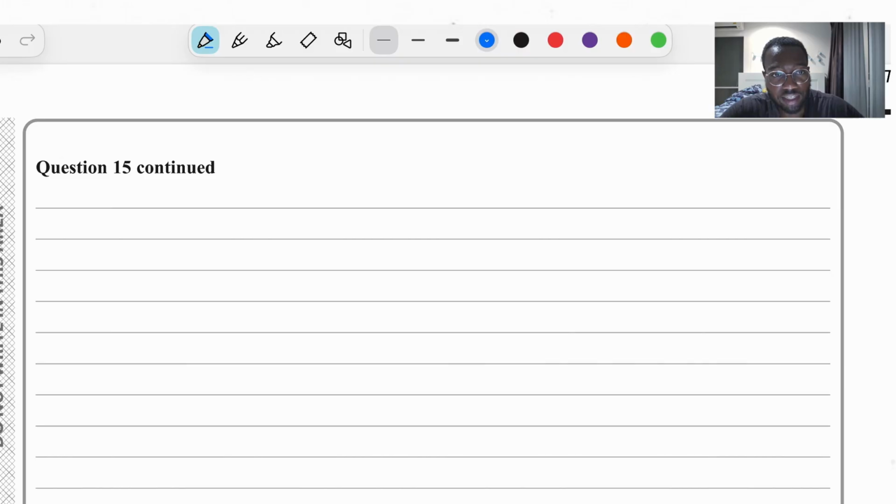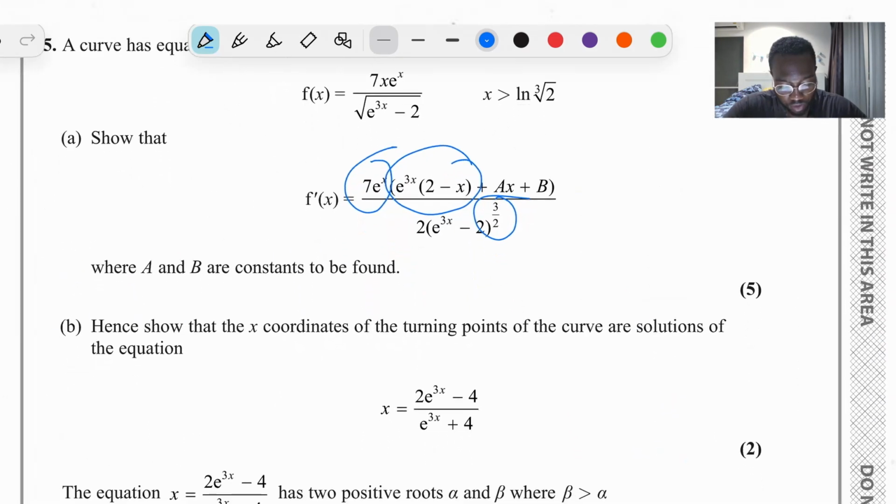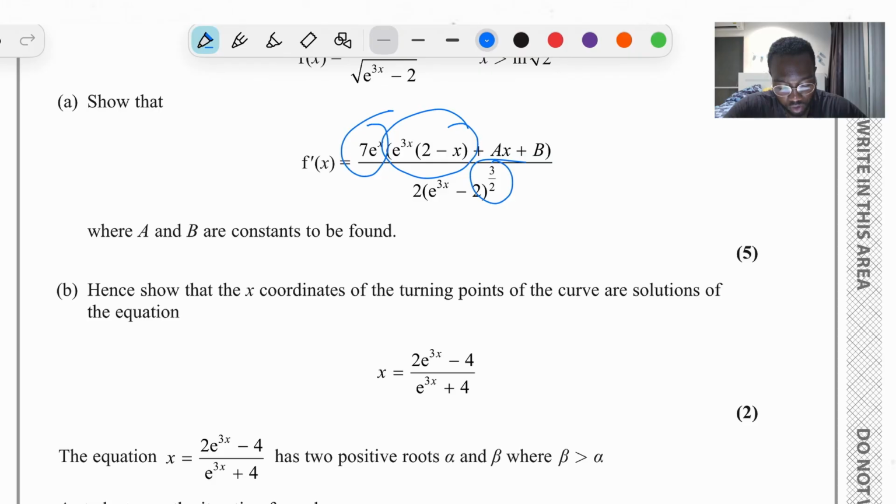Therefore, we need to collect all of our terms together. If I rewrite this, we have 2e to the 3x minus x e to the 3x minus 4x minus 4 equals 0. In the question, if I scroll all the way back, we have this e to the 3x plus 4 on the bottom.